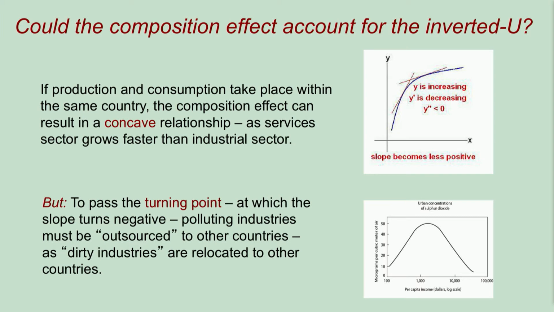Of course, that would mean that you can't generalize this environmental Kuznets curve to the whole world, because not everybody can outsource. There's not another planet to outsource our manufacturing activities to. And so the reach of the environmental Kuznets curve would be to those countries that are able to outsource dirty industries elsewhere.